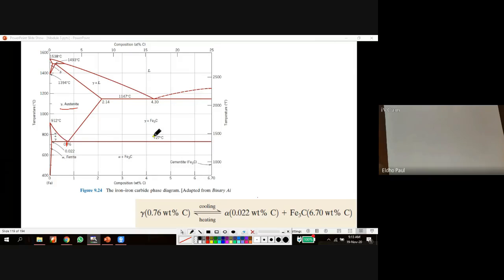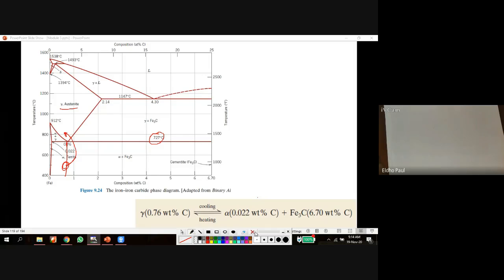So I am heating above 727 degrees Celsius. Any microstructure here in the eutectoid composition can be converted to gamma when I heat above 727 degrees Celsius. This line belongs to 727 degrees Celsius.